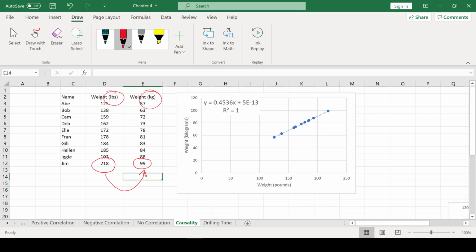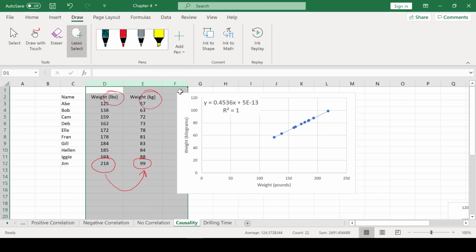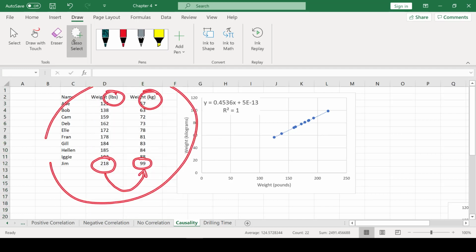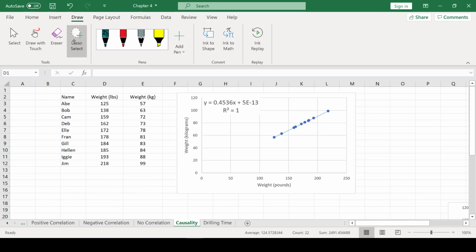And in fact, if you were to graph the relationship between weight in pounds and weight in kilograms, you're going to notice that it falls perfectly on a line. It's just because weight in kilograms and weight in pounds is just a matter of multiplying by a particular number.